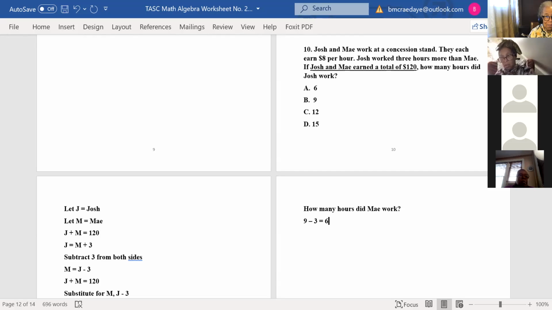Anybody want to tell me? And then try to figure it out now. What would you do? You know how much they made per hour. Now you know how many hours they worked. How do you get the 120? Multiply.